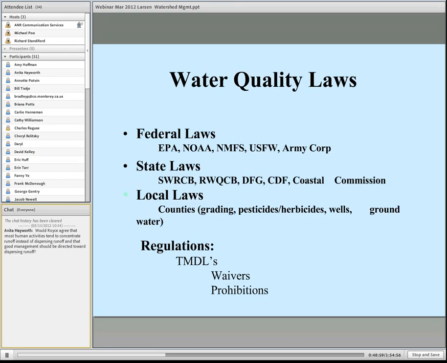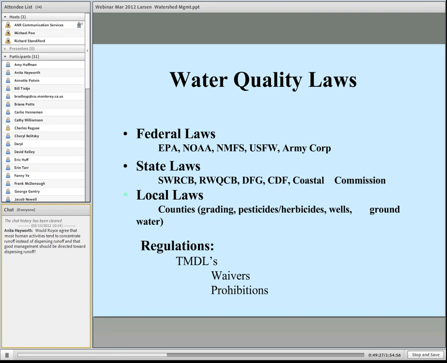Just real briefly, a couple of things on the water quality laws and the regulations. A lot of different laws out there that you have to think about when you do management. From the federal level with the EPA and NOAA and National Marine Fisheries Service, U.S. Fish and Wildlife, and Army Corps. We start dealing on state laws with the State Water Resources Control Board, all of our different regional boards, Fish and Game, Coastal Commission, and others.